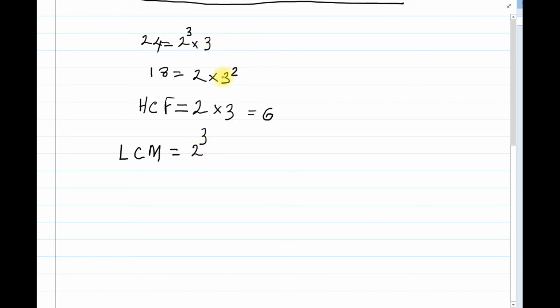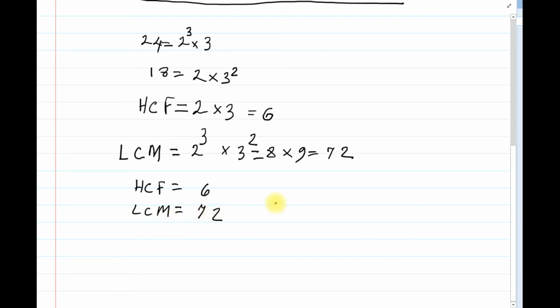And here the common factors are 3, and we take the one with the highest index, so that's 3 to the power 2. So the answer would be 8 times 9, which is 72. So the HCF is 6 and the LCM is 72, and the numbers were 24 and 18.